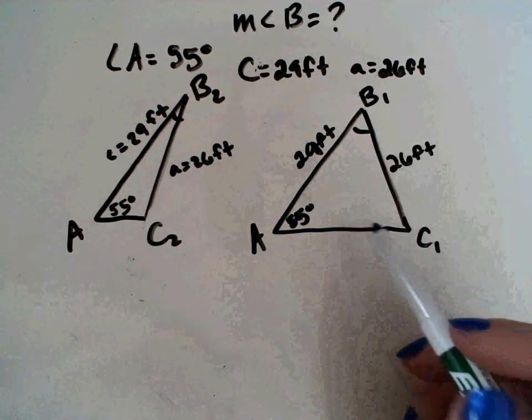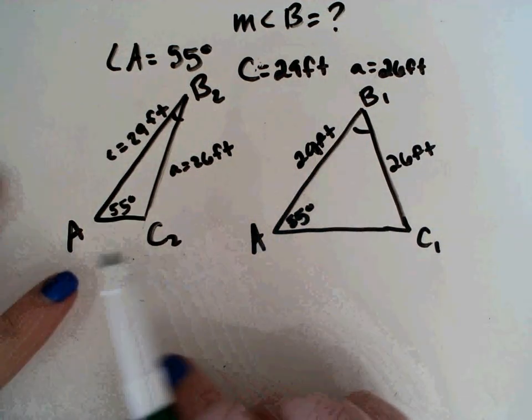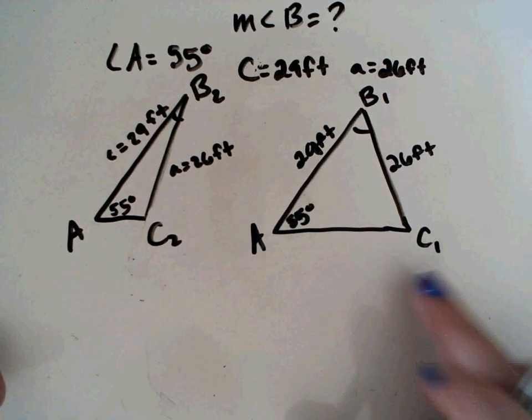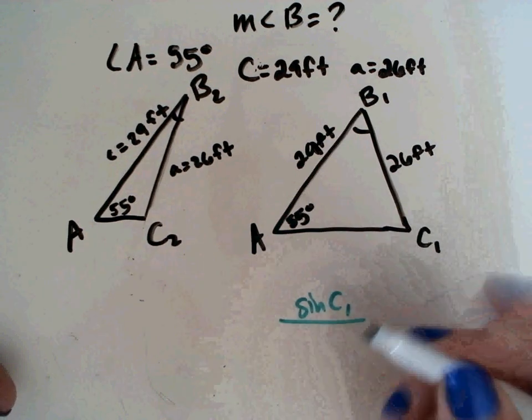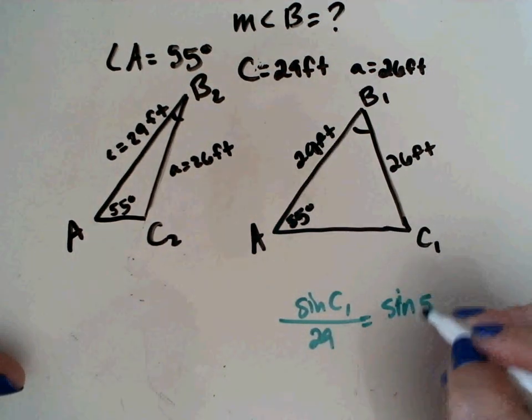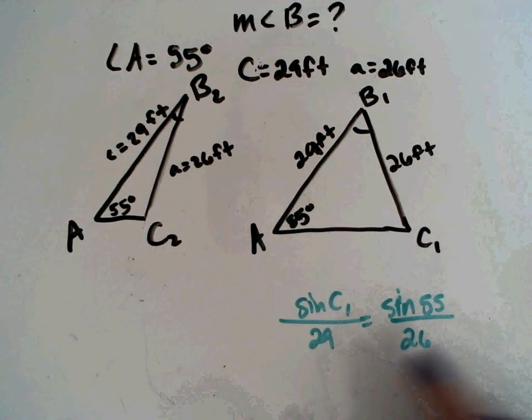And the way that I'm going to figure those out is by figuring out angle C. So angle in a side pair. I know it's always going to solve for the acute angle first, so I'm going to do C first. So sine of C1 over 29 equals sine of 55, angle A, over side A, 26.